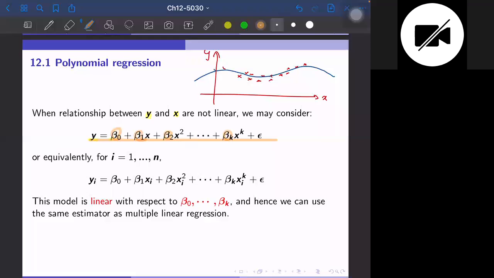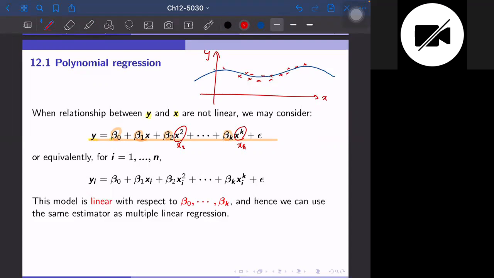You can see the x squared is just the same as a second predictor, and this is the kth predictor. So this is called polynomial regression. Just the multiple linear regression theory applies.